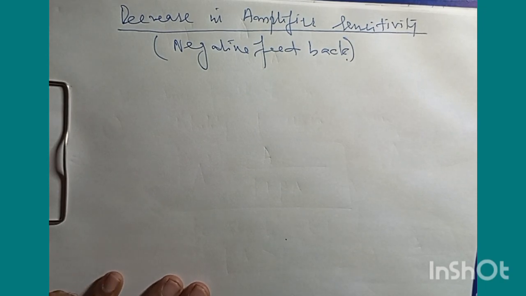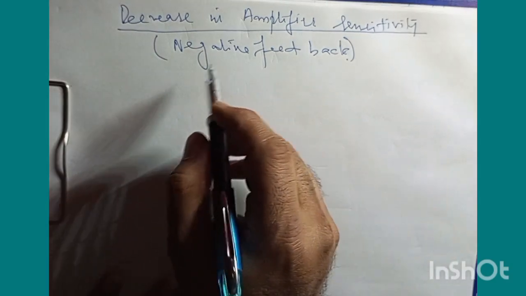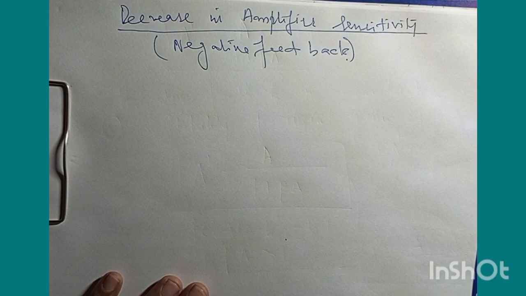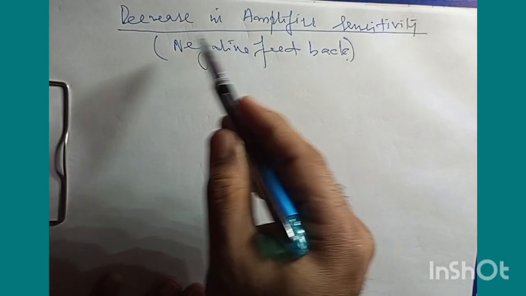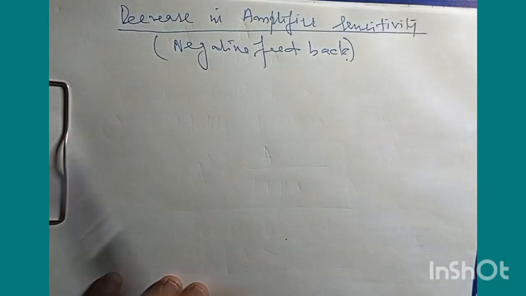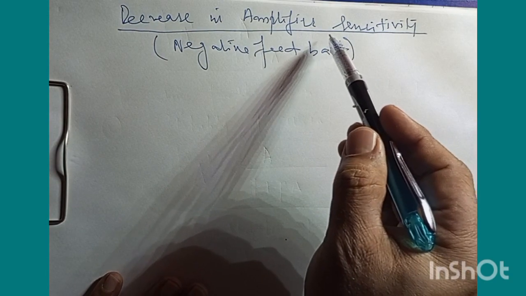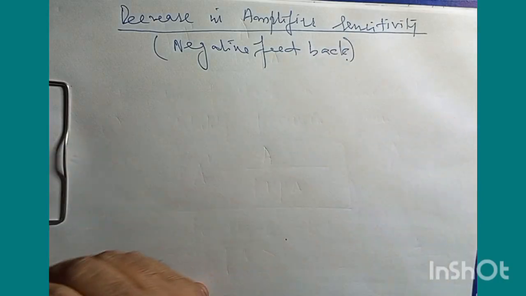So here is another important parameter. We want to see what's the outcome of this parameter, and that is the sensitivity of the amplifier. When we make use of negative feedback in an amplifier, we'll see that the overall sensitivity of the amplifier will decrease.